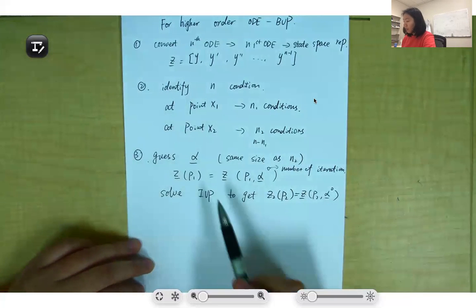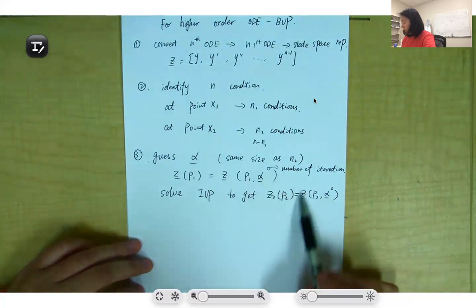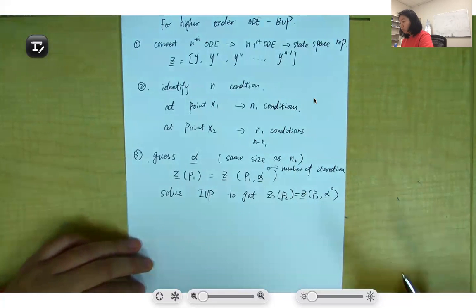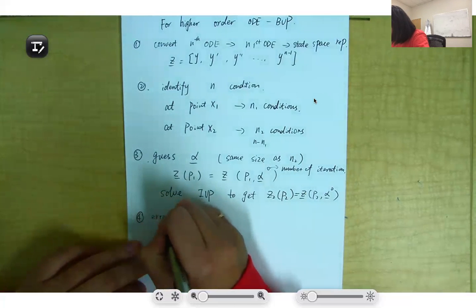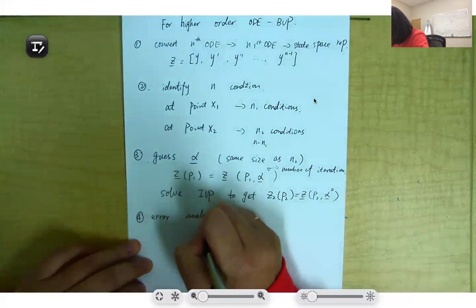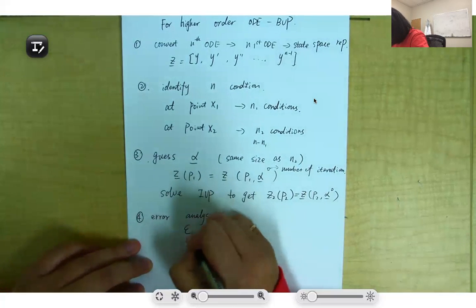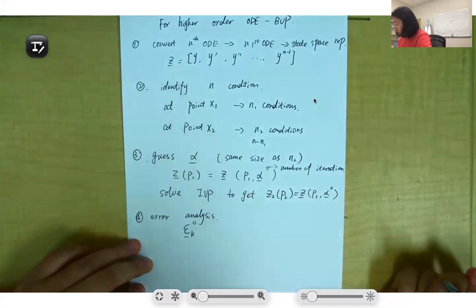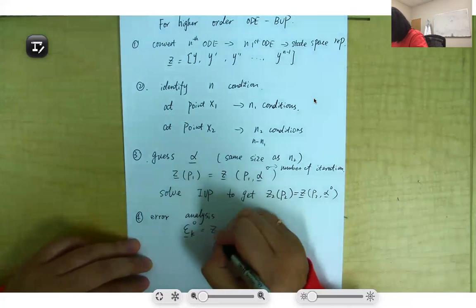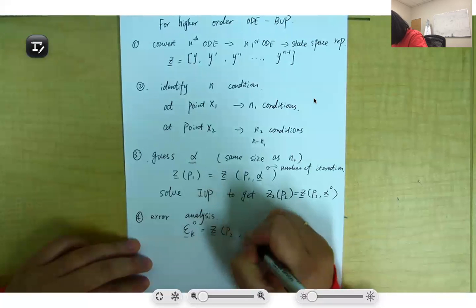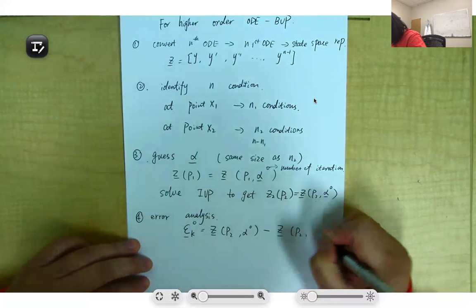We solve the IVP with the initial guess conditions and get our values at p2, the second boundary, and then we do the error analysis, where epsilon_k at the 0th iteration will be z at p2 with alpha_0 minus z at p2 true values.